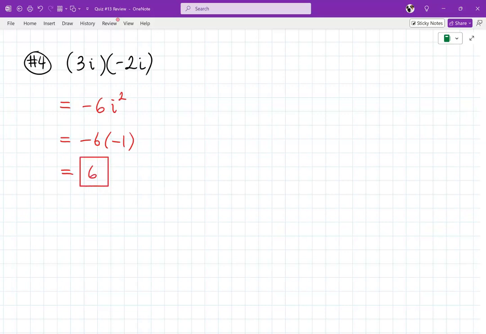You don't have to show the work of the conversion of i squared to negative 1. If I see negative 6i squared, I just write positive 6, because I know that i squared is going to change the sign. That's all it does. It just switches the sign. But if you want to show all the steps, that's perfectly fine. Nothing wrong with that.